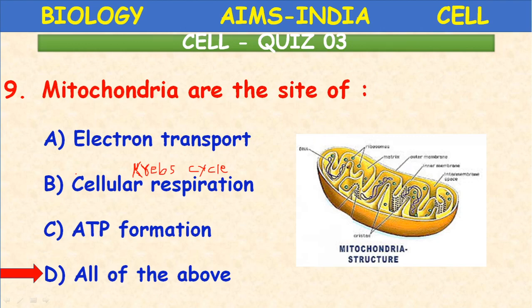All these three steps together are called cellular respiration. So here the answer is all of the above. Mitochondria are the sites of electron transport and Krebs cycle, during which ATP formation takes place, energy produced in the form of ATP. This is called cellular respiration. That's why mitochondria are called powerhouse of the cell.